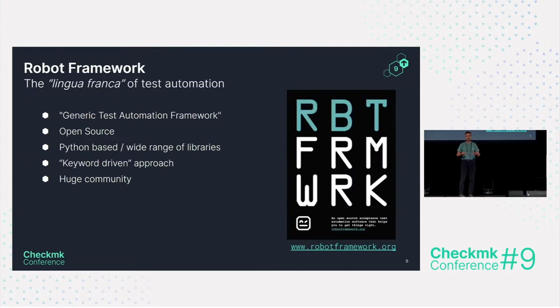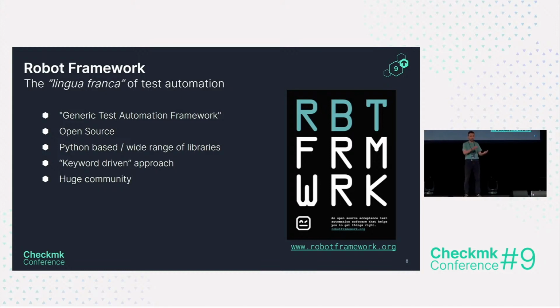Robotmk is called a generic test automation framework, which means it's responsible for the test structure, the syntax, error handling, reporting, and so on. But all the technology is outsourced into so-called libraries. Robotmk and the libraries are completely written in Python and open source. And there are a lot of libraries.